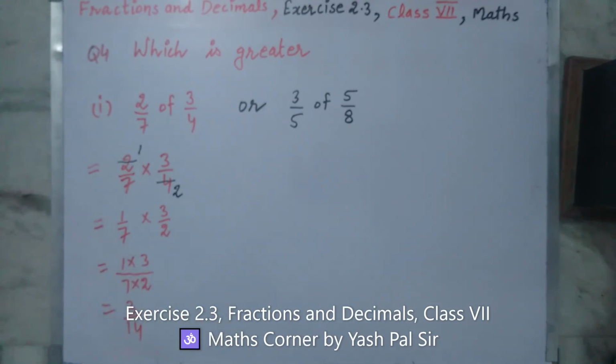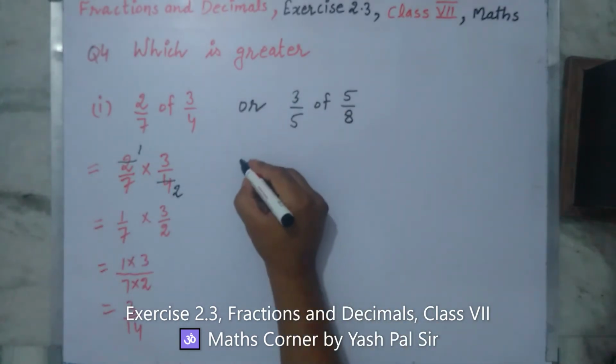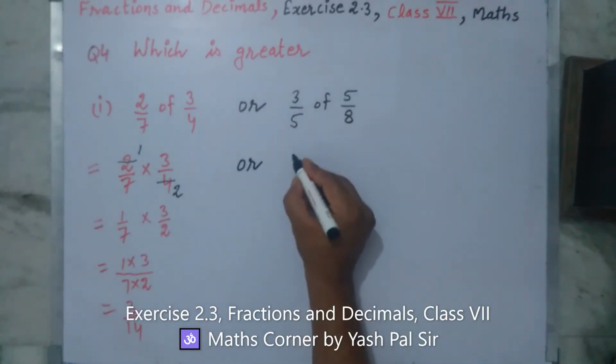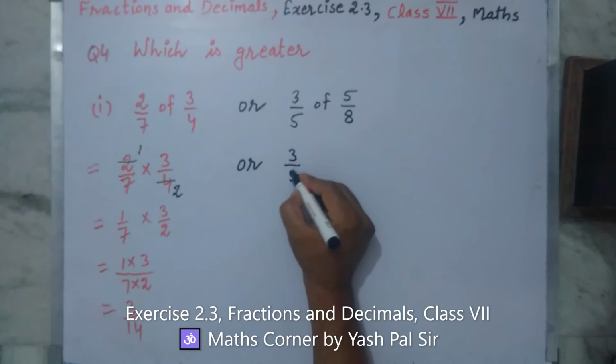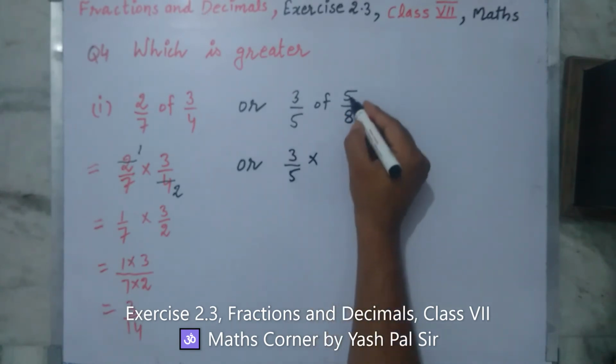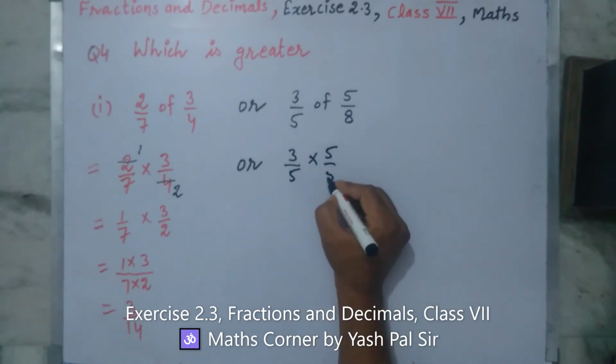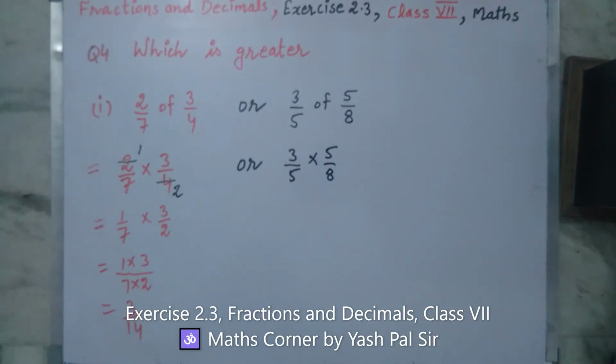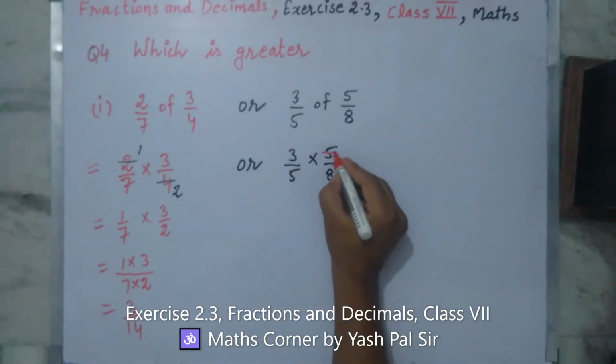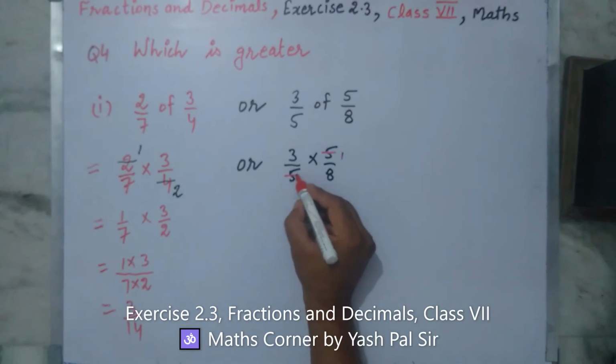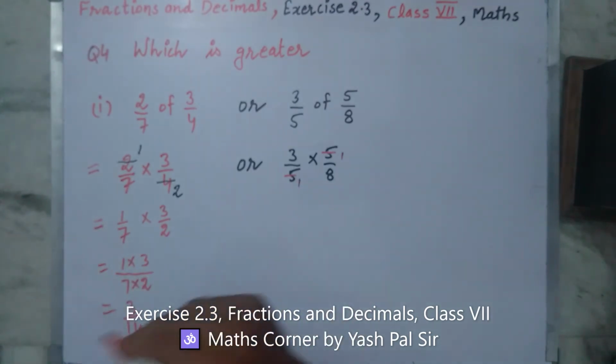Okay, now taking the second part: 3 by 5 of 5 by 8, meaning 3 by 5 into 5 by 8. So what is there now? Because 5 is here in the numerator and 5 is also here in the denominator, they cancel.